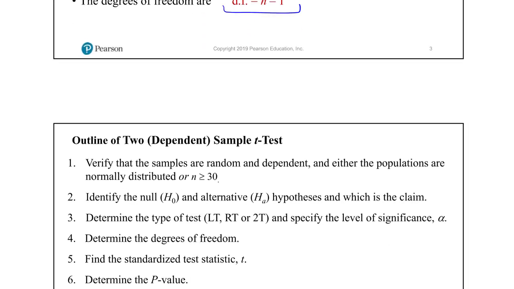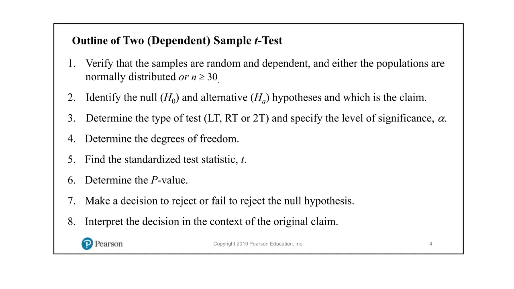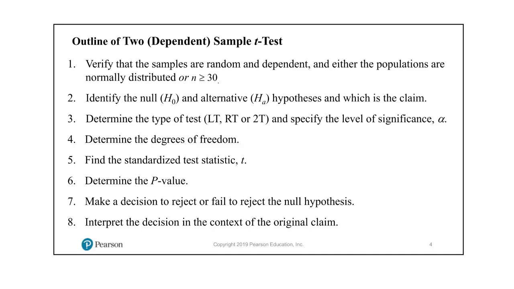So let's take a look at how the whole procedure would play out. If you're going to do this paired or dependent sample t-test, we want to know the samples are random and dependent, and then we have to verify either the populations are normally distributed or the number of pairs is at least 30. As with any hypothesis test, we identify the null hypothesis and the alternative and see where the claim is.